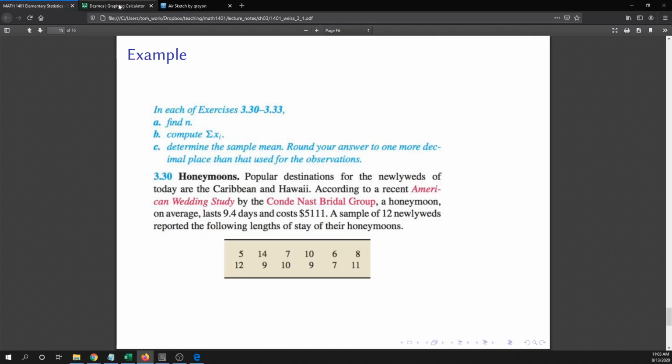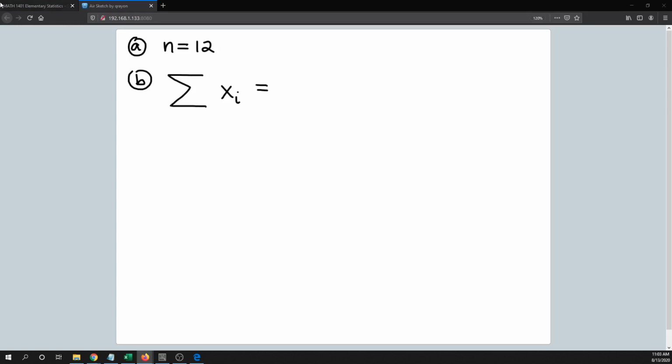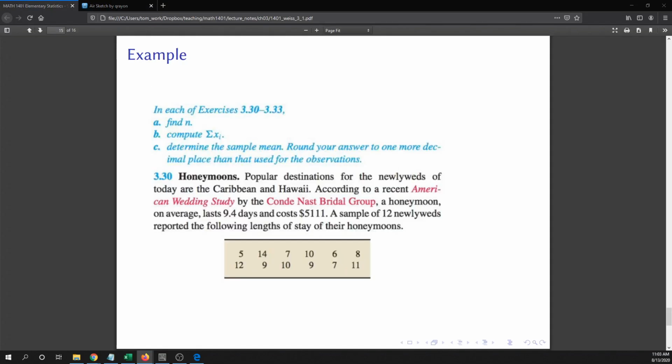I do 5 plus 14 plus 7, and I'm going to do this off camera again, plus 10 plus 6 plus 8 plus 12 plus 9 plus 10 plus 9 plus 7 plus 11.